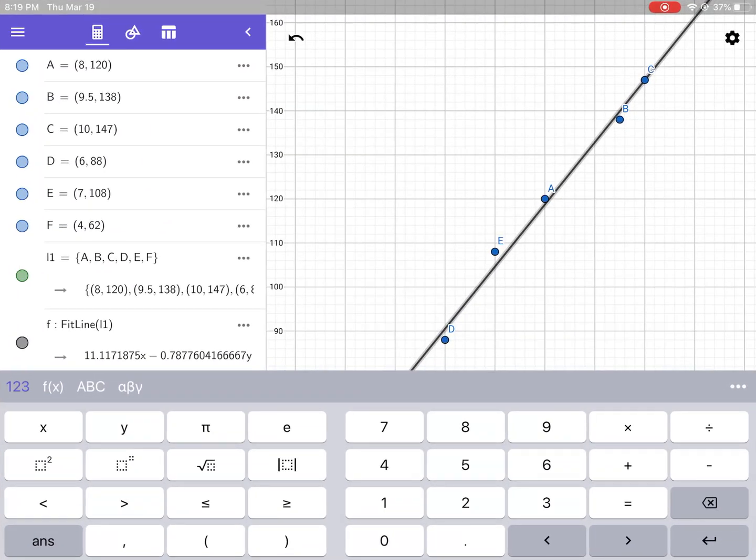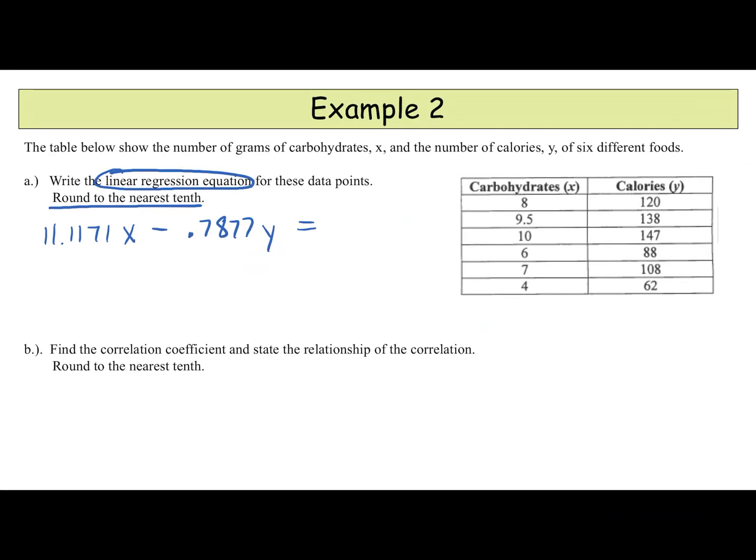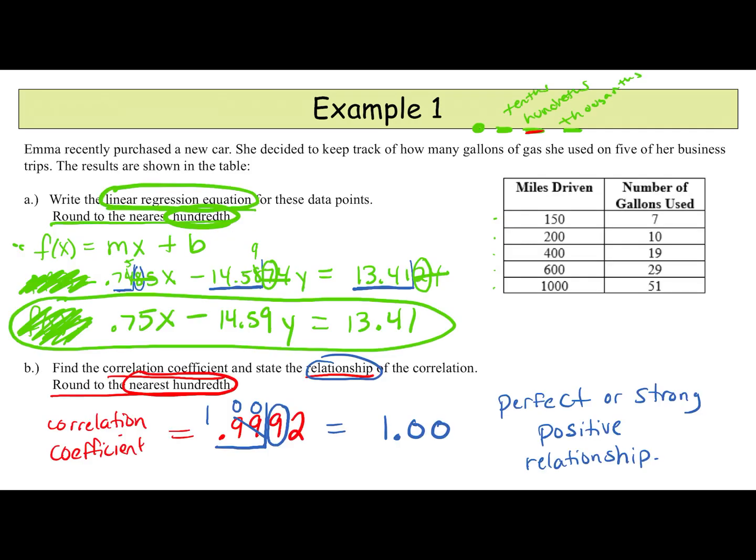Equals, let's get that last number in there, negative 0.5950. Okay, it does say round to the nearest tenth.